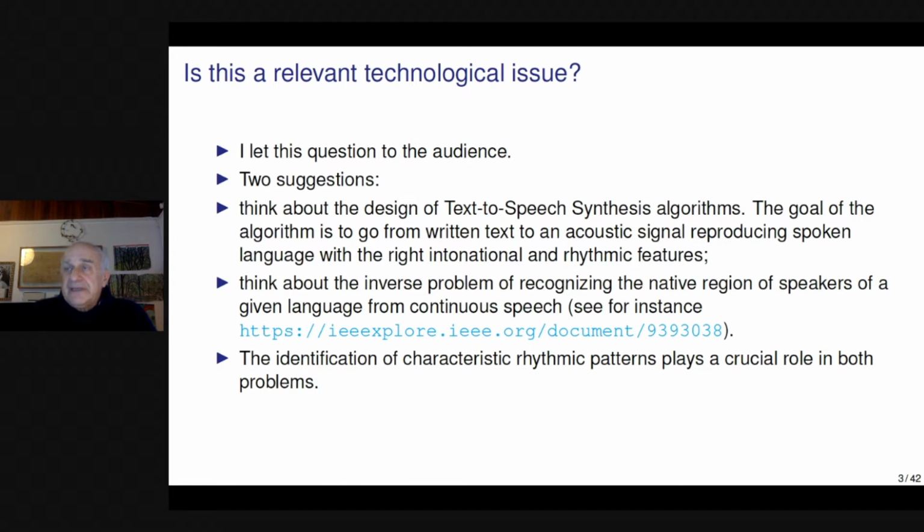And inversely, something which distinguishes speakers of different regions are different ways to address rhythmic questions. So in both aspects, which are important technological questions, the identification of rhythmic patterns is very important.